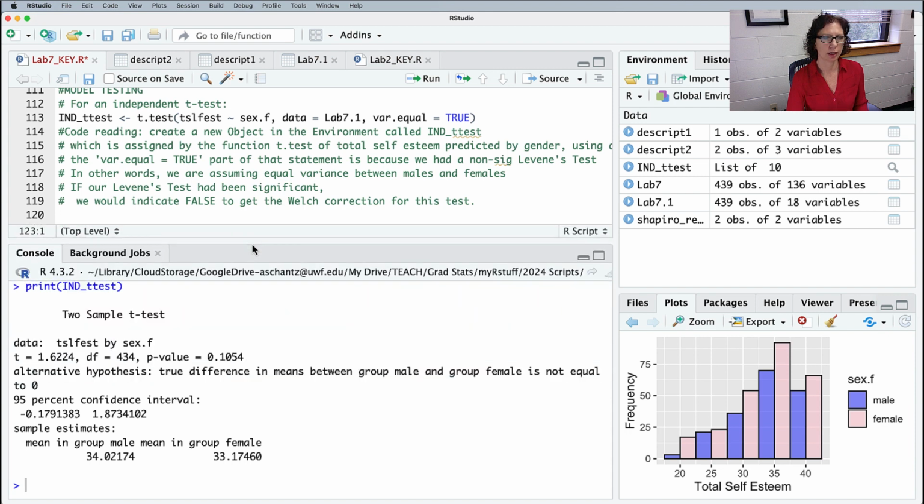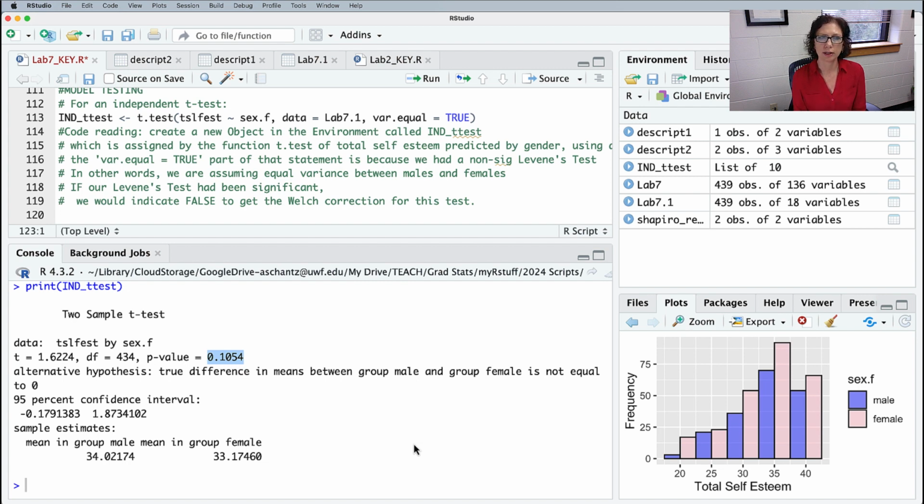So let's see what we got here. We have the two-sample t-test, and there's our t-estimate, our degrees of freedom, and the significance value. Now, it looks like our t-test is non-significant.